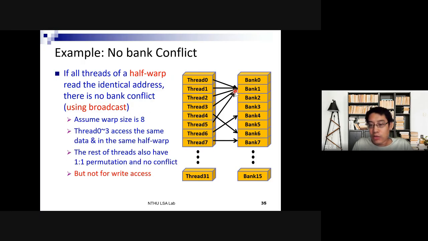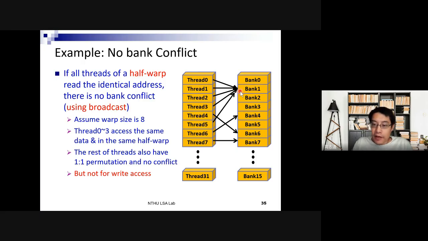What happens is the shared memory controller will simply broadcast this data to threads 1 to 3. For example, here the warp size is only 8, so you can broadcast the content to threads 0 to 3, which is a half warp. So even though they try to read the same data from the same bank, it seems to be a full-way bank conflict in the worst case. But because of this optimization support from hardware, it won't cause any bank conflict as a result.